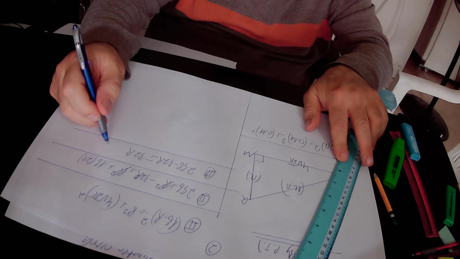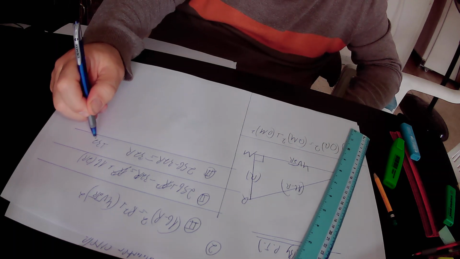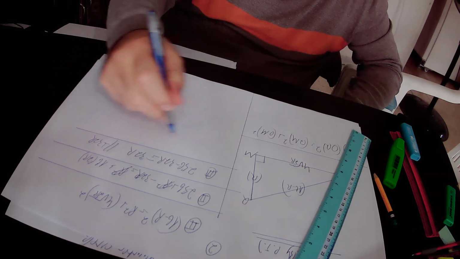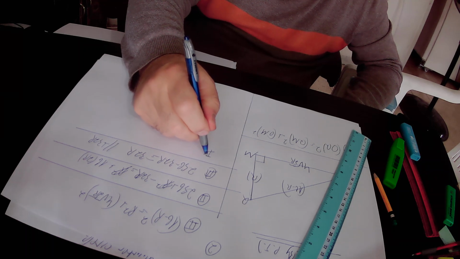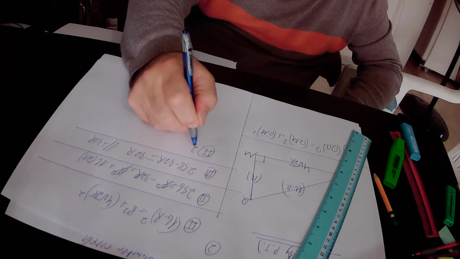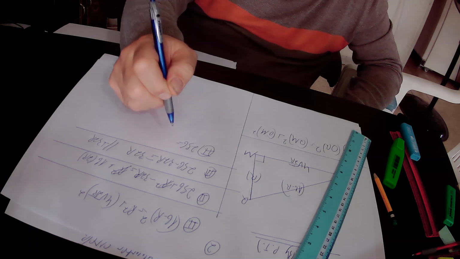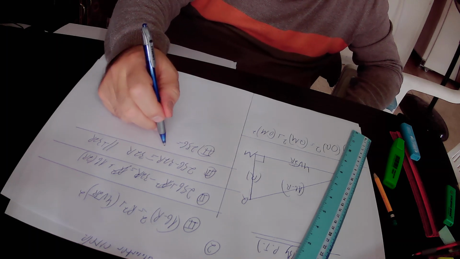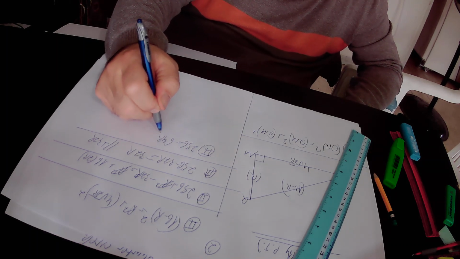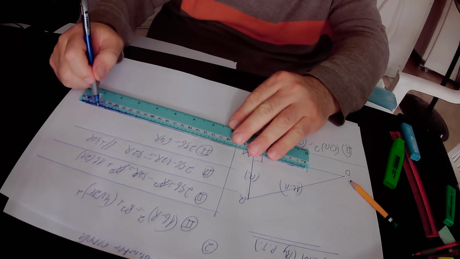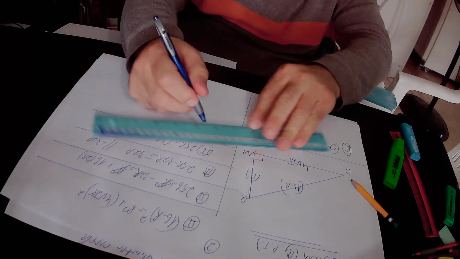Here we add 32R to both sides, and we get 256 equals 32R plus 32R, which is 64R. So 256 equals 64R.